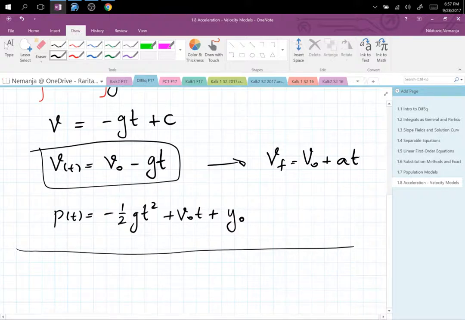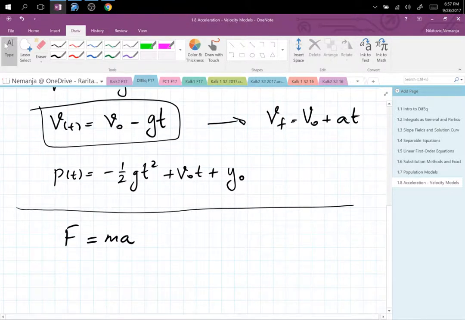So moving on to more immediate stuff, force is ma, right? Force equals ma for the non-calculus based physics, but then we understand that acceleration is the derivative of velocity.